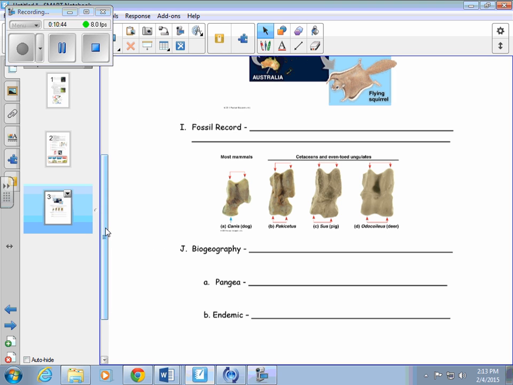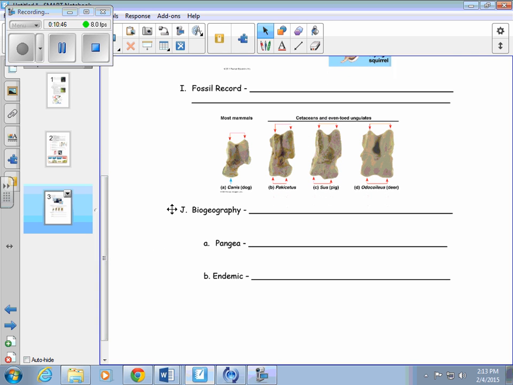And the last piece of evidence for evolution is biogeography, and we're going to do some activities on this in class tomorrow, specifically related to island biogeography. But biogeography is the geographic distribution of organisms. If you think back to earth science, you learned about Pangaea, and maybe you called Pangaea the supercontinent. This is when all continents on Earth were somewhat combined and all shoved into one another, and it was a single continent.